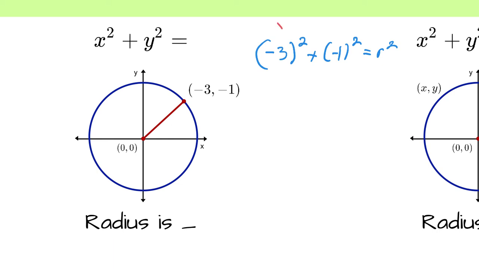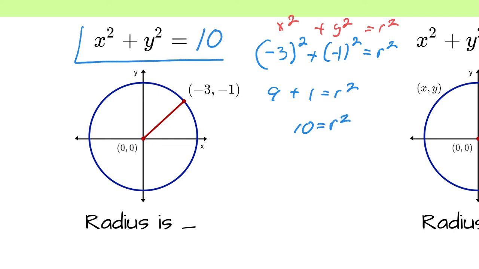And again, I'm subbing in to the original formula. And so now we get 9 plus 1 equals r squared. 10 equals r squared. So that is the equation. And the radius is the square root of 10, which will be 3 point something.